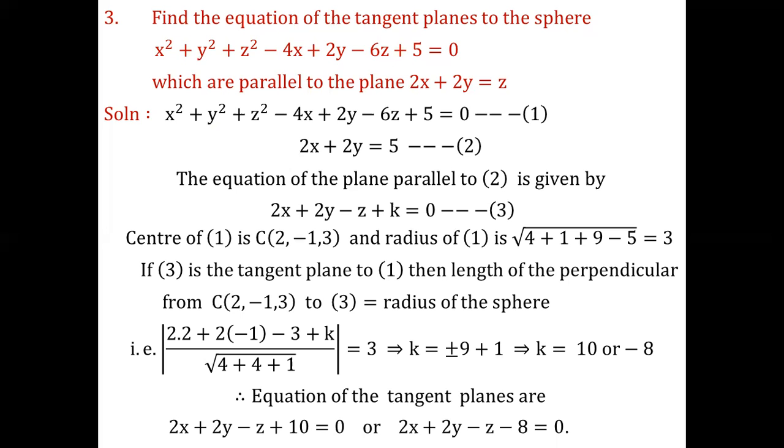So substitute the center and also the radius. After simplification, k is equal to 10 or minus 8. Therefore, the equation of the tangent plane, by substituting in equation 3, is 2x plus 2y minus z plus 10 equal to 0, or 2x plus 2y minus z minus 8 equal to 0.